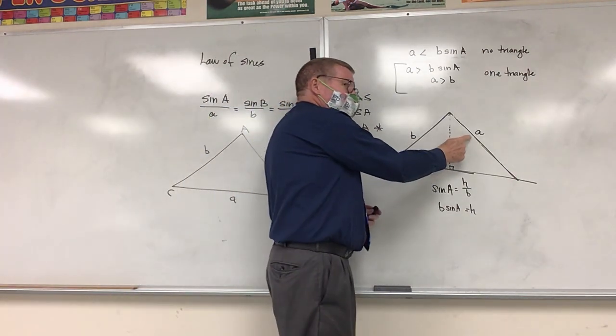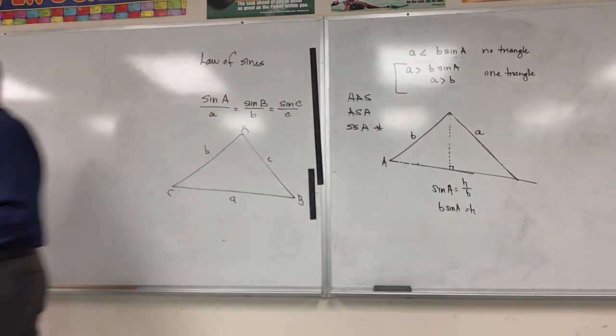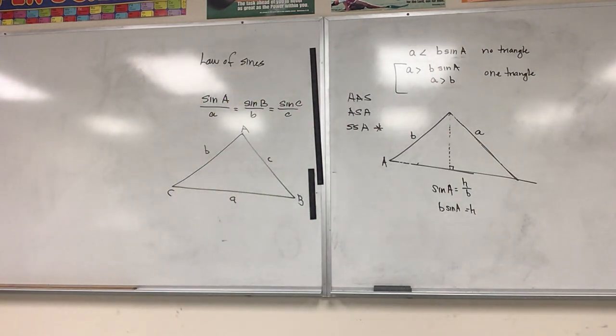But you gotta remember, this side here is on a hinge. It's just like a door. If this side is longer than this length here, can I actually shut the door? No. That door has to stay out here. And that's what that side is doing.